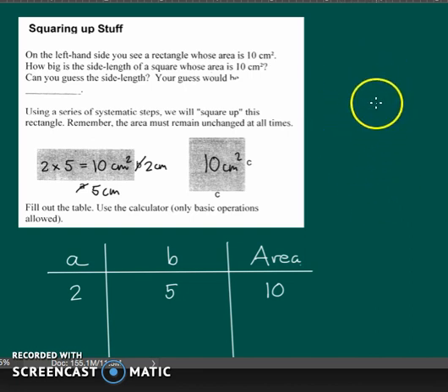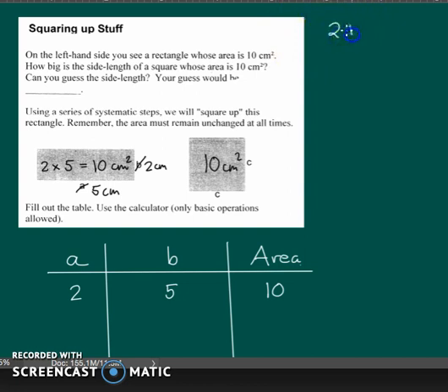So how can we find a number that we think might be closer to the side length of a square with area of 10? Well, if you look at the rectangle, you can estimate that this length is going to be somewhere between 2 and 5. So why don't we find the average of 2 and 5 and take it from there?